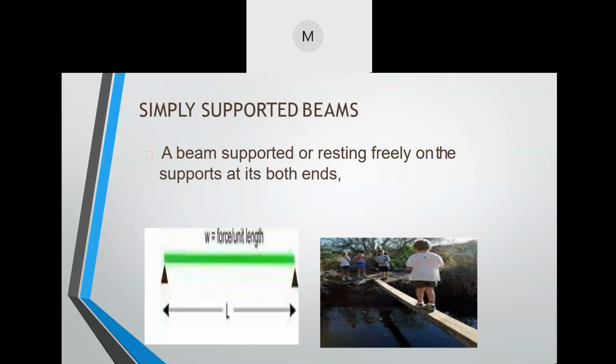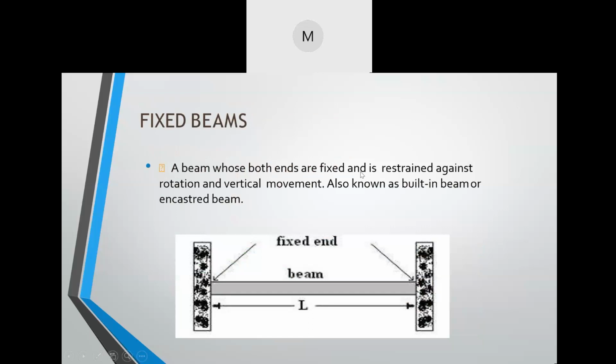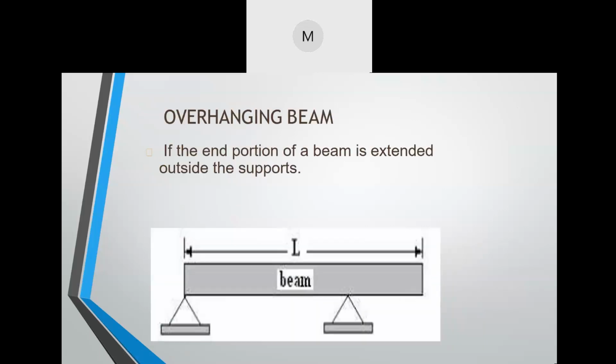So after that, if you go to the next, fixed beam. Fixed beam you all know. It is fixed at both ends. I showed you one video also in the last class for the fixed beam. Okay. Then we go to the next, overhanging. So what is actually an overhanging beam?